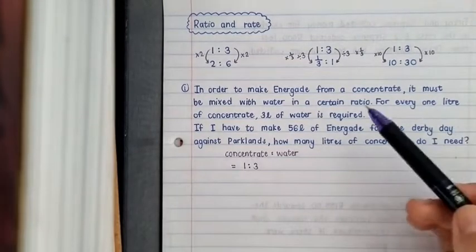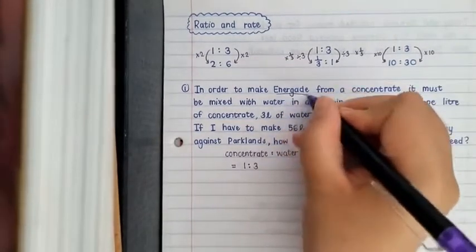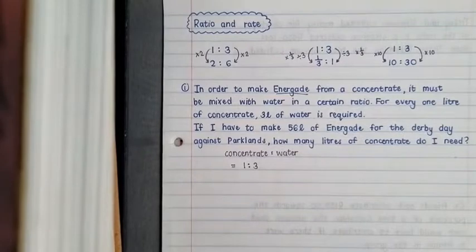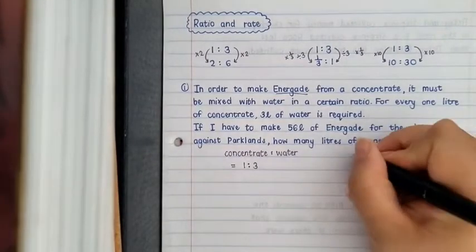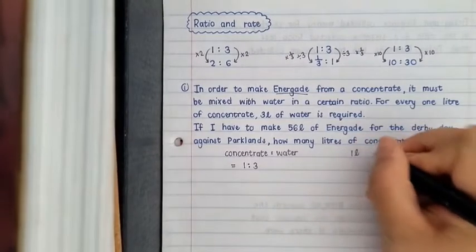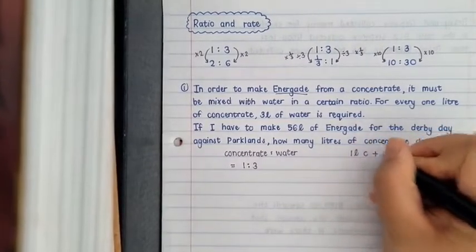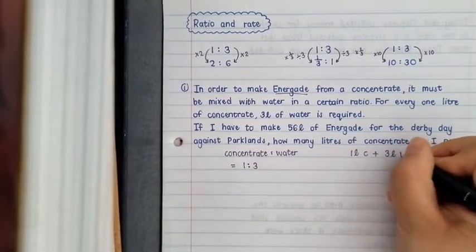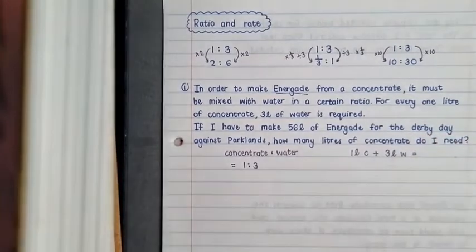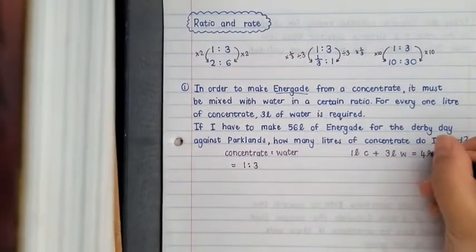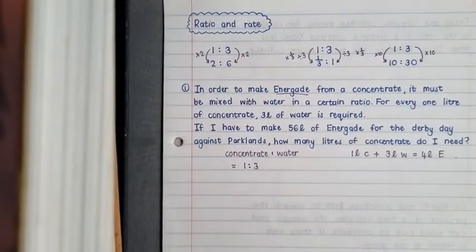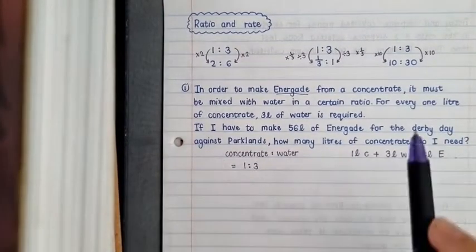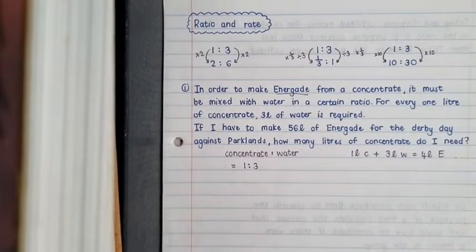In this case, the total number of parts represents the Energate that we're making. So I'm just going to write it on the side here: 1 liter C, concentrate, plus 3 liters W, water, is going to give us 4 liters of Energate. That is how we're going to use this ratio in this question.